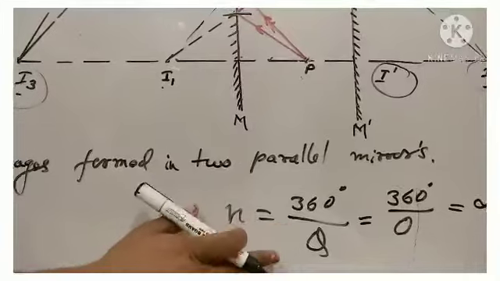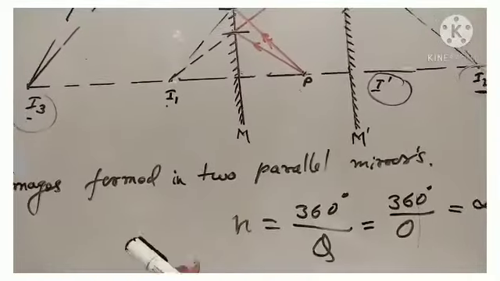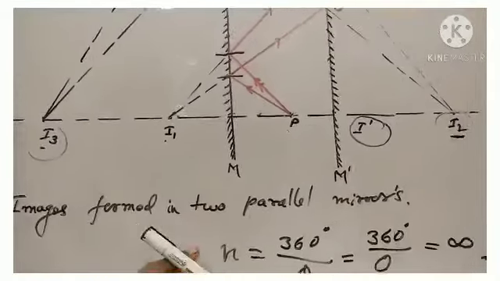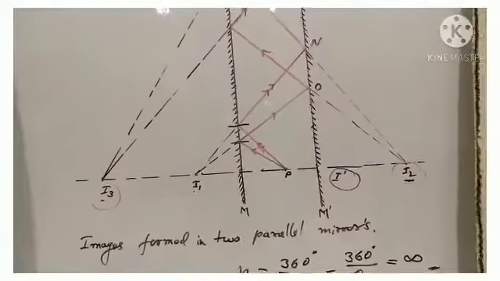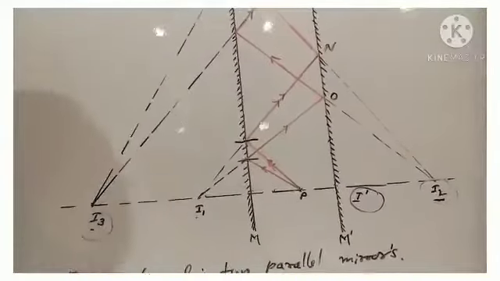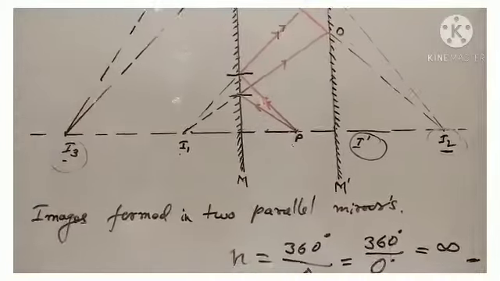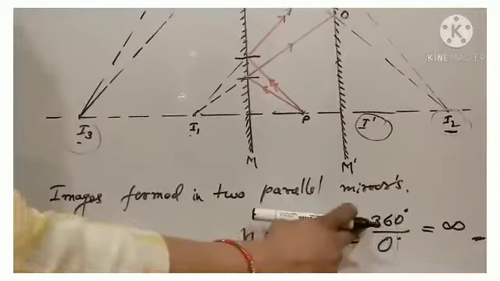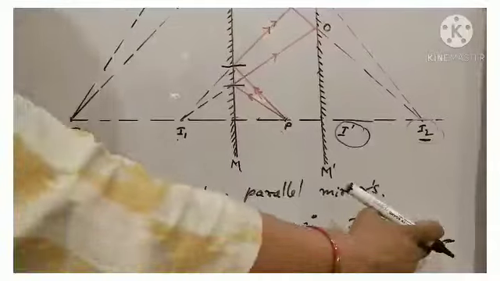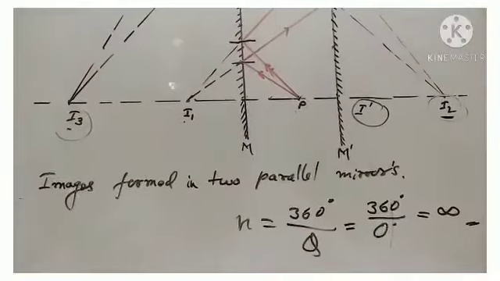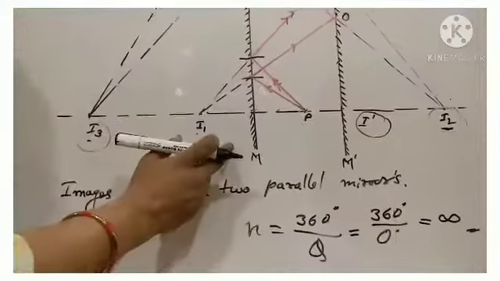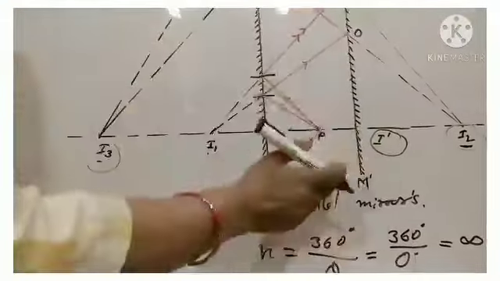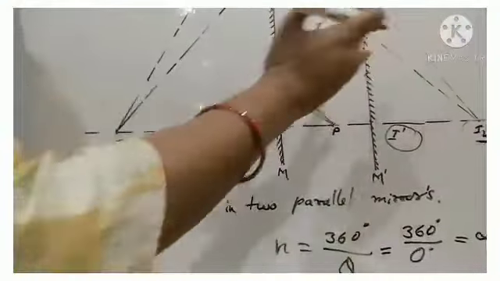Here theta is 0 degree in the case of two plane mirrors kept parallel. So 360 by 0 means an infinite number of images when the two plane mirrors AM and BM dash are kept parallel to each other.